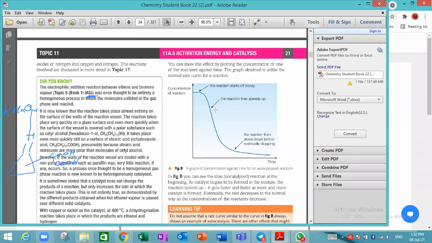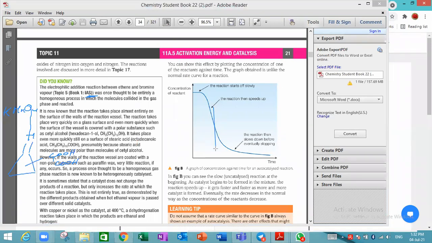In any normal reaction, if we draw the concentration of the reactants against time, the reaction starts with a high speed, and then the rate decreases with time until it stops.